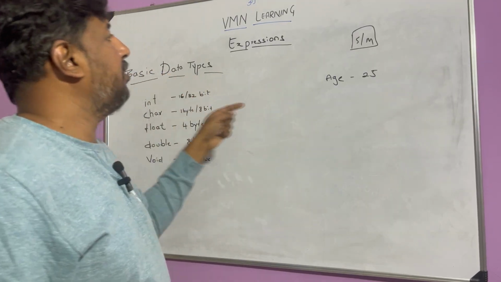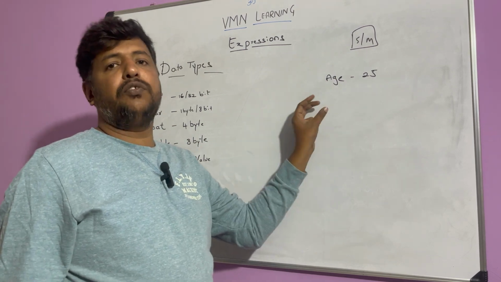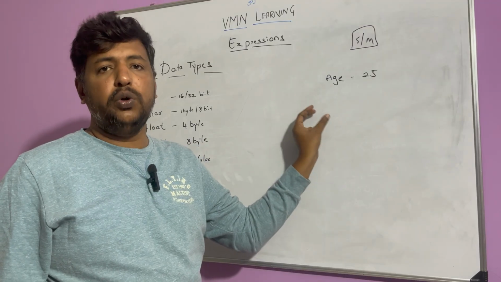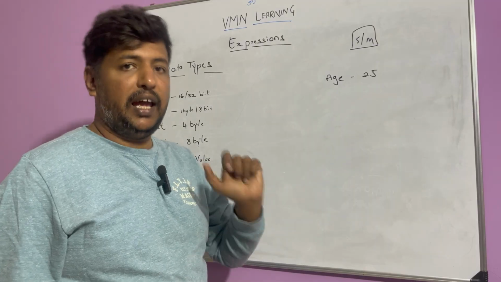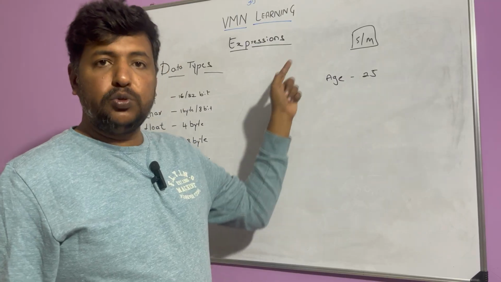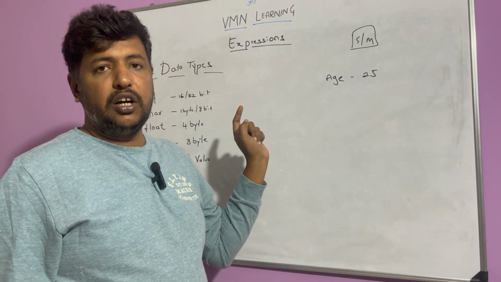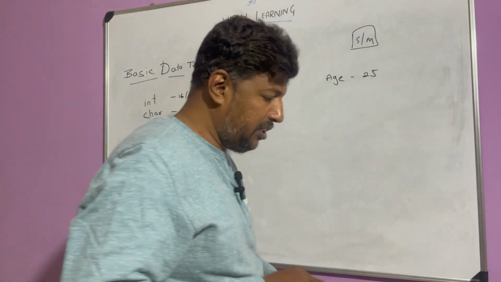The data types will tell the compiler this is the type of the values that are going to be stored in that variable, so please allocate that much memory. At the end of the day, everything which is stored will be stored in memory for execution. So let's start talking so you will understand more about that.